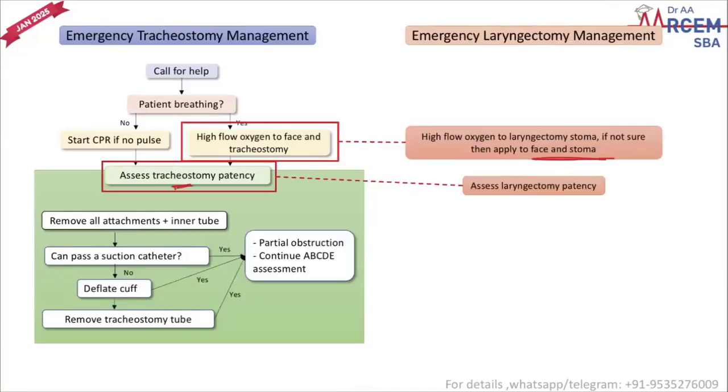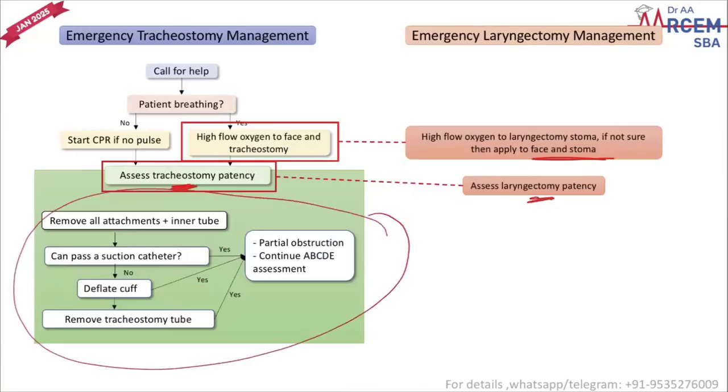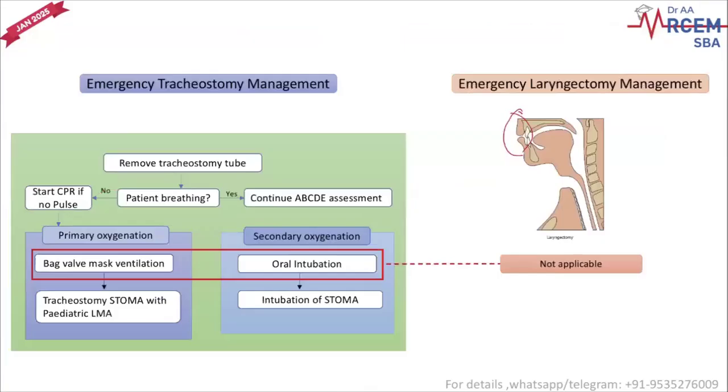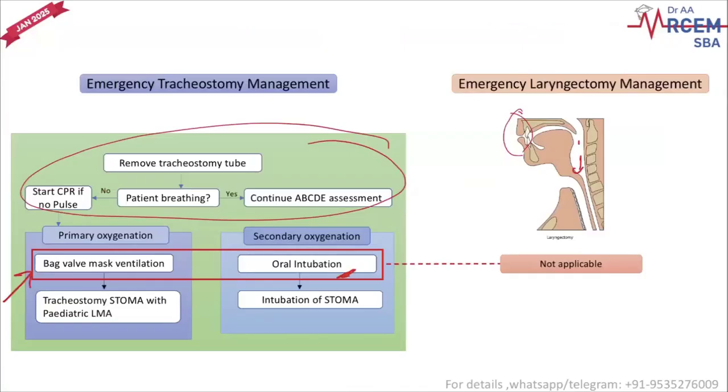Here, you're not assessing for the tracheostomy patency, you're assessing for the laryngectomy patency. Rest of the parameters remain the same, no changes. Bag mask ventilation, you cannot do in a laryngectomy because there is no connection here, no point in doing. Oral intubation is not possible because no connection.